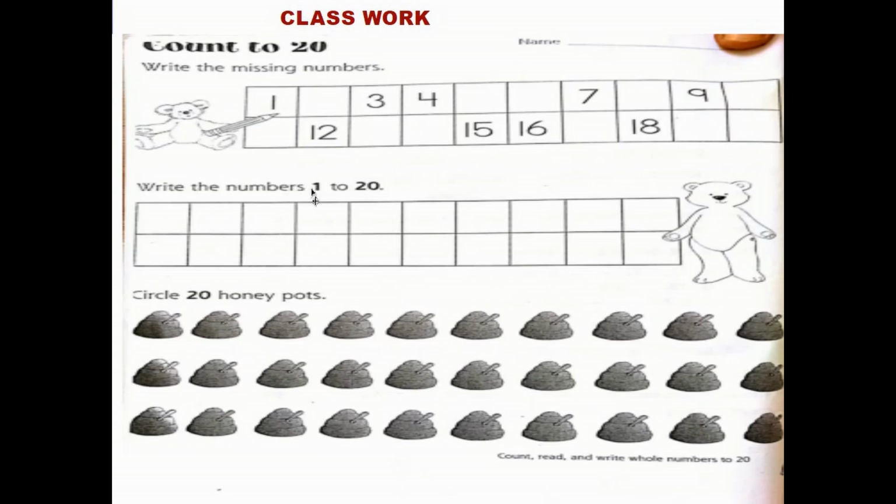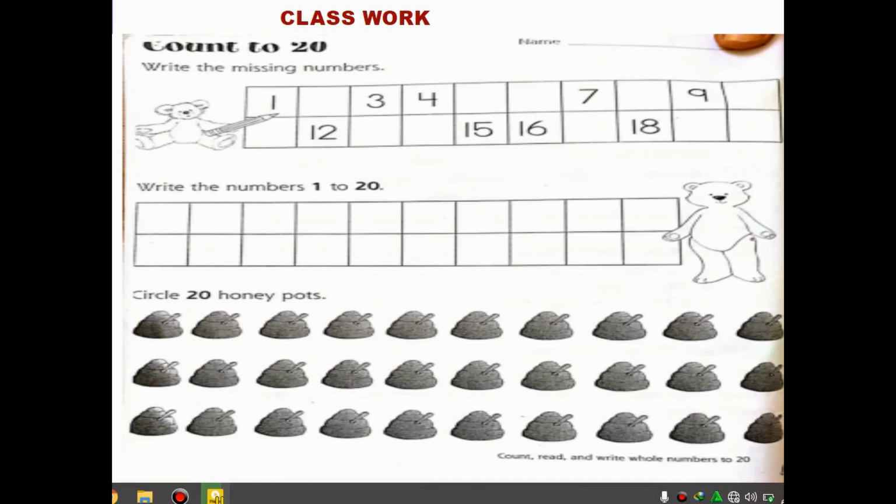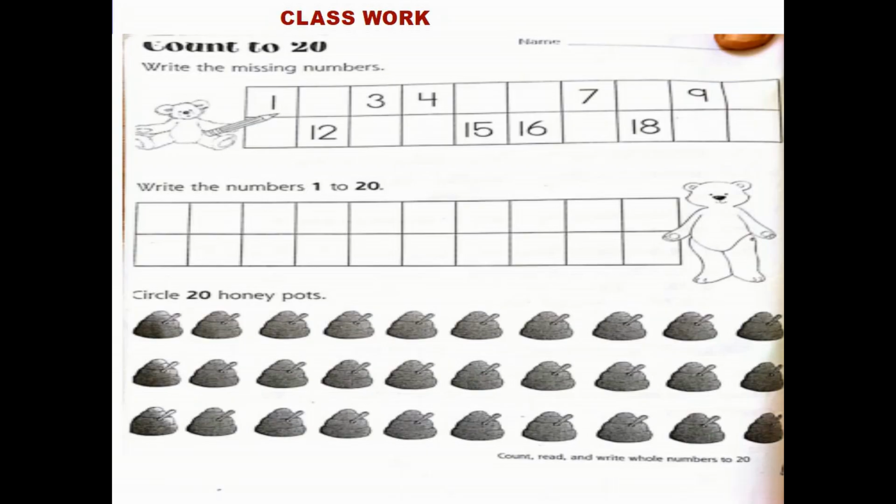And also here you have blank spaces to complete, to write from 1 up to 20, and also here to circle the honey pots. You count 20 honey pots and then circle. This is your classwork. I will give you 10 minutes for this, and then we'll see the answers.